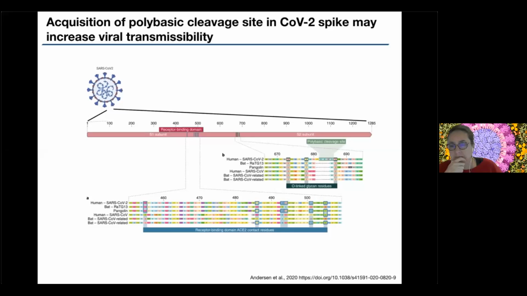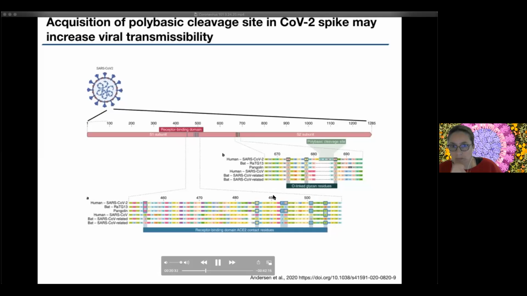It may also enable efficient cleavage by the cellular protease, the TMPRSS2 protease, that is sort of the canonical one that's been thought about for this virus. And it's particularly important because insertion of the polybasic site in other viruses has been shown to increase transmissibility, particularly for pathogenic influenza viruses. So it's going to be important to figure out whether the same is true for SARS-CoV-2.